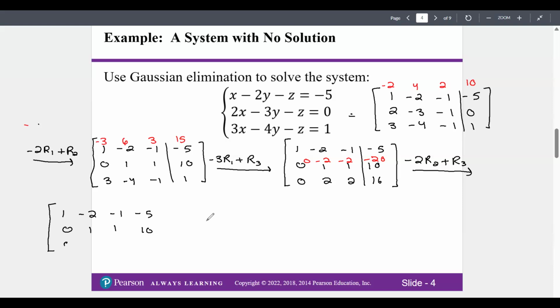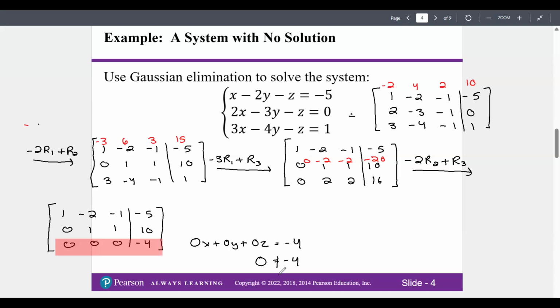So 0 plus 0 stays 0. Negative 2 plus 2 is 0. Negative 2 plus 2 is 0. And negative 20 plus 16 is minus 4. So you notice right here, this row is telling me that I don't have an X, I don't have a Y, I don't have a Z. All I have is 0X plus 0Y plus 0Z is equal to -4, which is basically saying 0 is equal to -4.